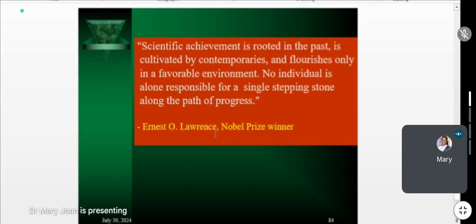So, in his words, scientific achievement is rooted in the past, is cultivated by contemporaries, and flourishes only in a favorable environment. No individual is alone responsible for a single stepping stone along the path of progress.